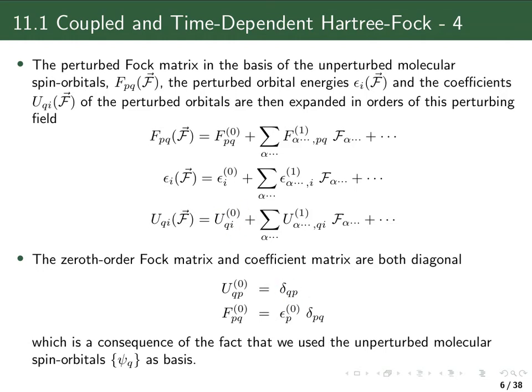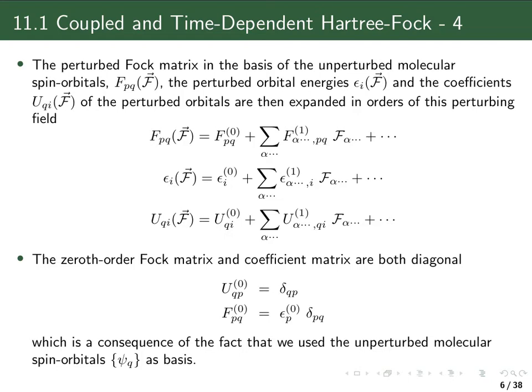It's just a Kronecker delta, because in the zeroth order I should just get the orbital I back. And also the Fock matrix, which is now the Fock matrix in the basis of the unperturbed orbitals, the zeroth order Fock matrix is also diagonal, and on the diagonal we have the corresponding orbital energies.